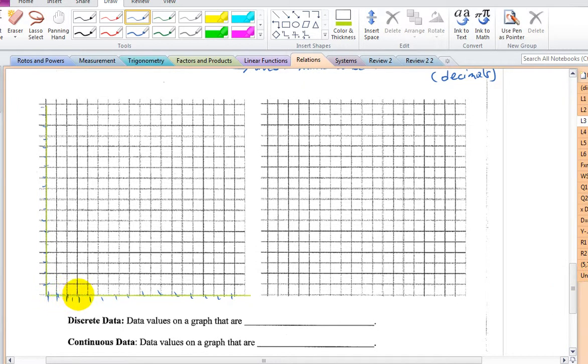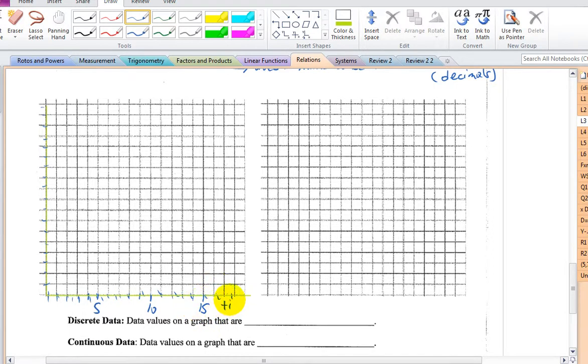Here's 1, 2, 3, 4, 5. 1, 2, 3, 4, 10. 1, 2, 3, 4, 15. And I think I plotted it wrong. So this here is 5. Here's 10. There's 15. So you don't have to label each one.